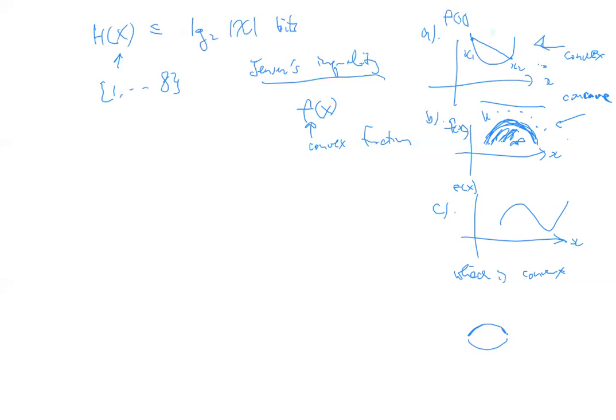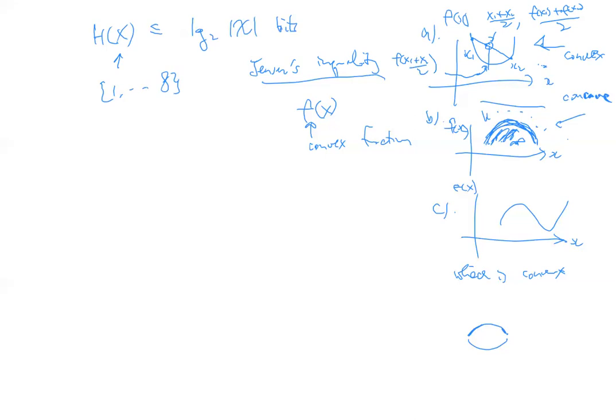Let's just take one half of them, at the middle: x1 plus x2 over 2. The height here will be f(x1) plus f(x2) over 2, right? And the value on the curve, on the other hand, will be f of (x1 plus x2) over 2.